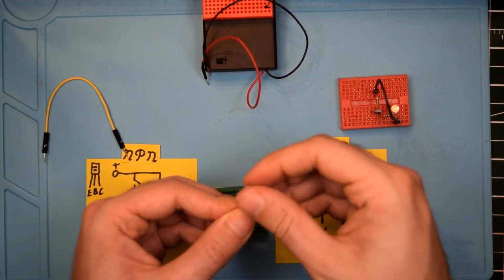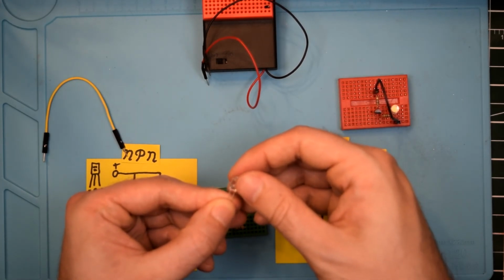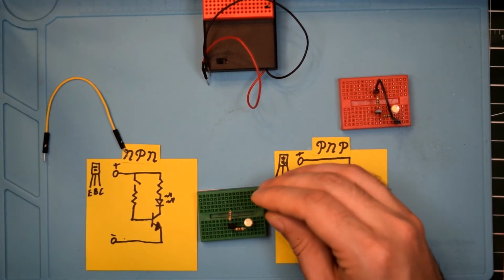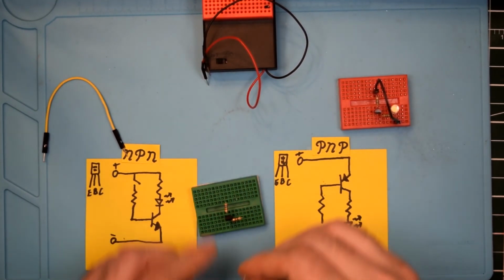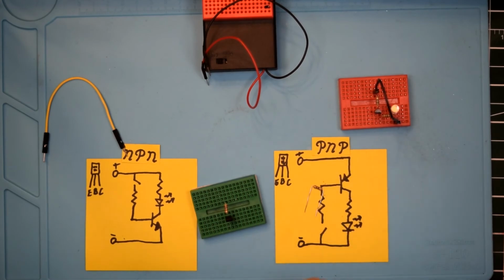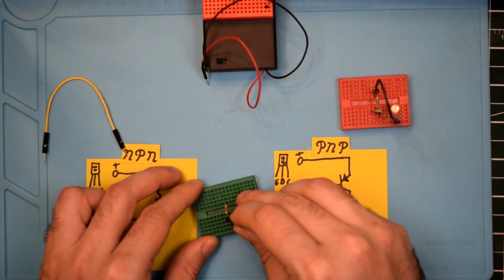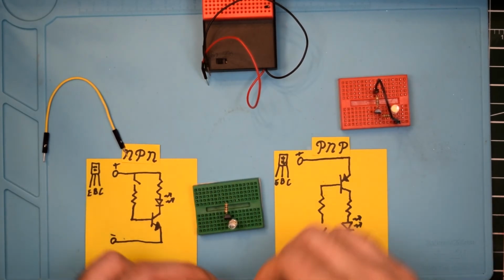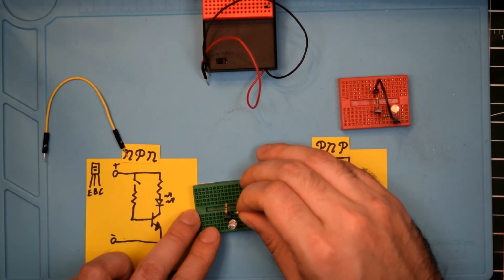And then the diode, which we have to make sure the polarity is correct there. Actually, for the purposes of this schematic, I actually have it set up with the diode here. And then the resistor.